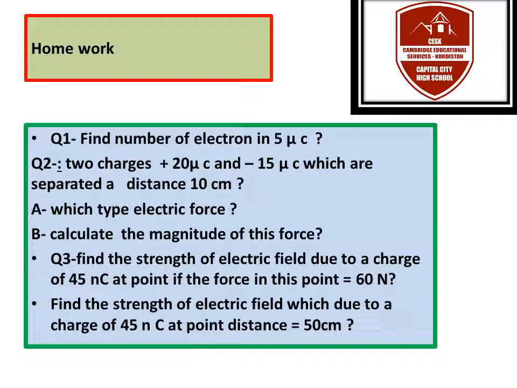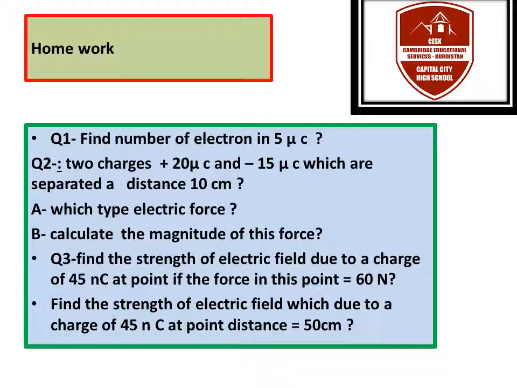We have another question without numbers, so this is the last question. It starts like this: find the strength of the electric field due to a charge of 45 nanocoulomb at a point at a distance of 50 centimeter. For this question, for a point charge the electric field is non-uniform.